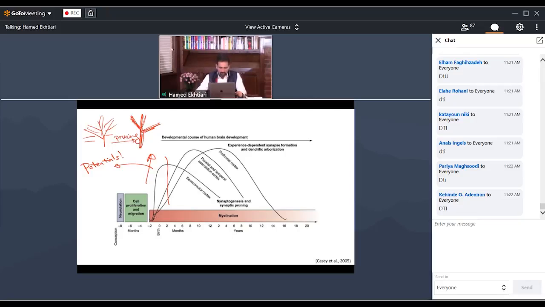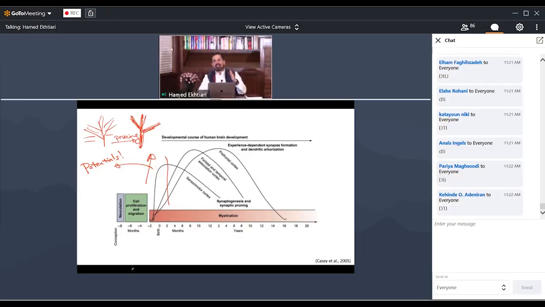So we start with an increase in cortical thickness, and then over the process of maturation and pruning, we lose some of these connections and keep the connections that are more important for us based on the experiences that we received during early childhood.